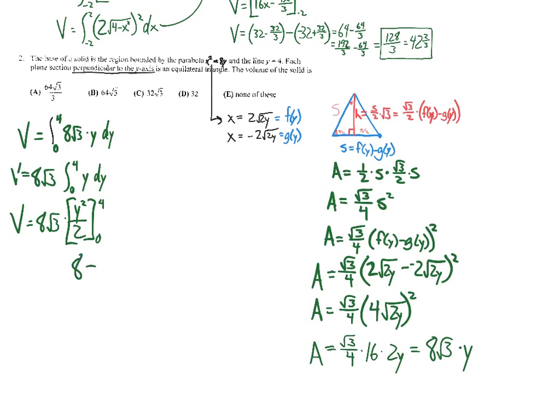If I plug in 0, I get 0. So the volume is simply 64 root 3, which is choice B.